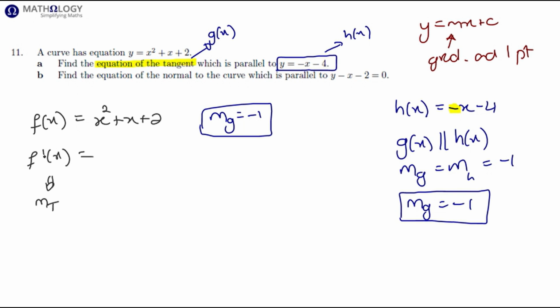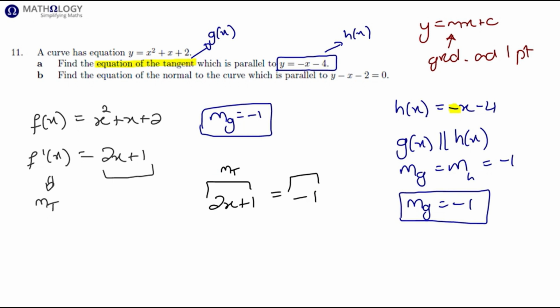So f prime x equals 2x plus 1. We know that the gradient of g, the tangent to the curve, is -1, but we also know that the gradient of the tangent to f of x is represented by 2x plus 1. So 2x plus 1 equals -1.